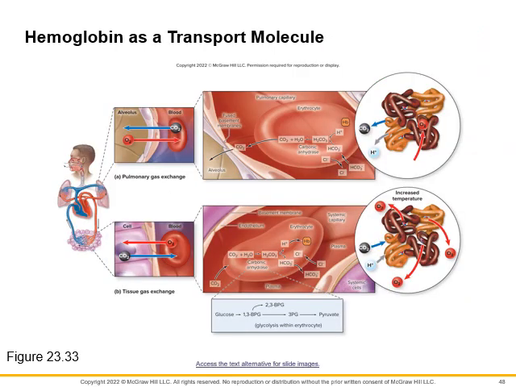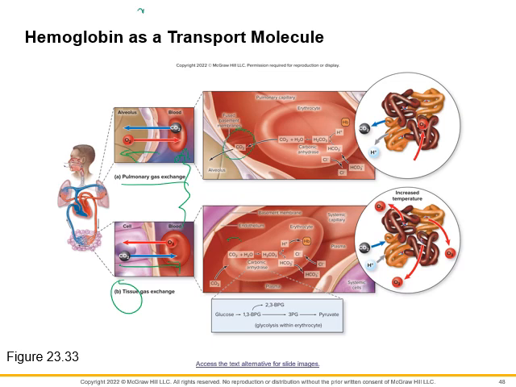So they're showing you here again, pulmonary gas exchange, and we're seeing that after the tissue pushes the carbon dioxide into the blood, it's going to travel to the lungs. We're going to reverse the reaction so that we can exhale the CO2.